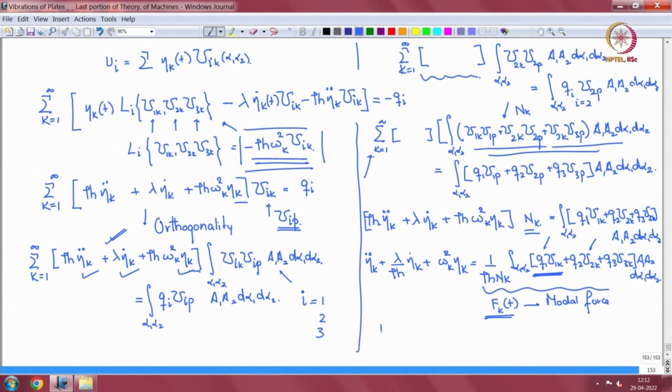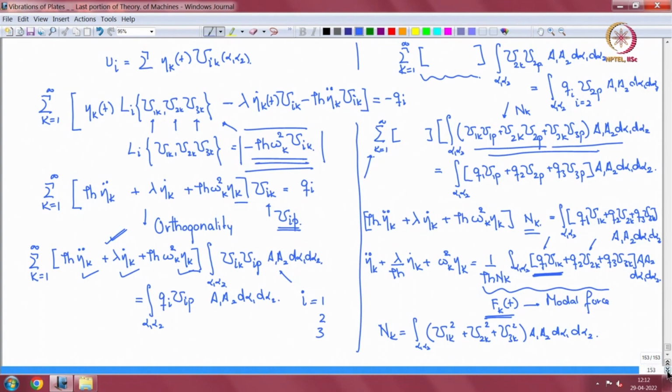And what is Nk? Nk is integral alpha 1 alpha 2 of u1k squared plus u2k squared plus u3k squared a1 a2 d alpha 1 d alpha 2.